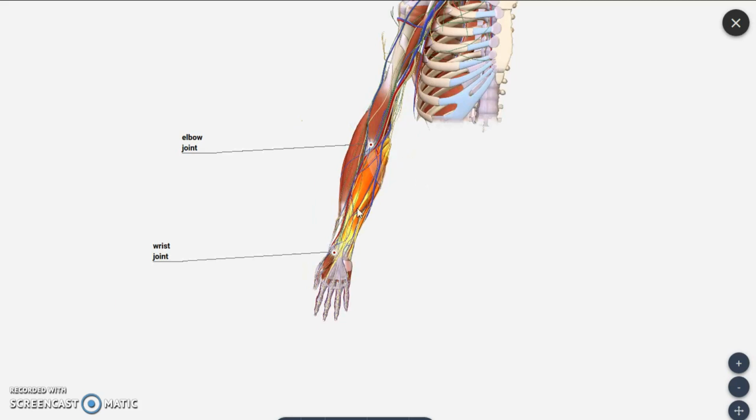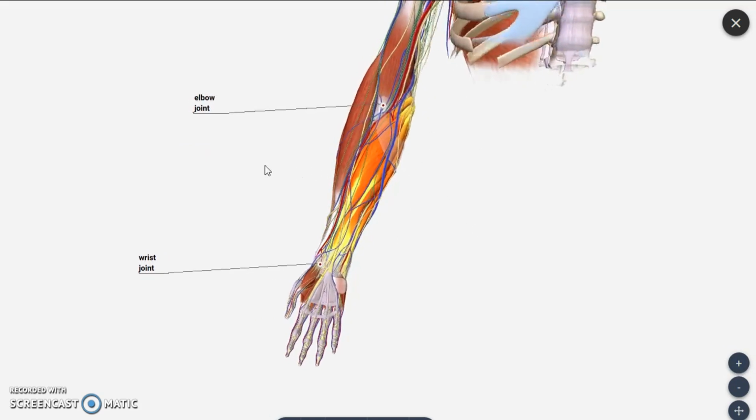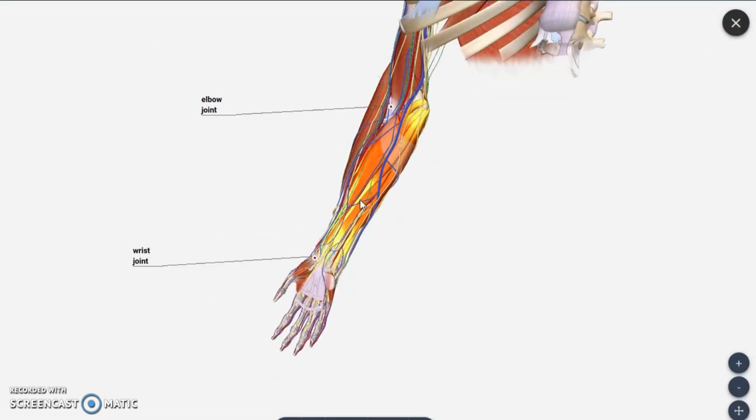The highlighted muscles you are seeing are the flexor muscles of the anterior compartment of the forearm. Here you can make out this bunch or group of muscles which are called flexor compartment muscles.